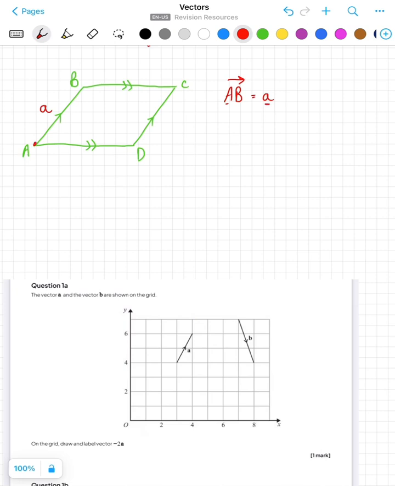Now because in a parallelogram opposite sides are equal and they are travelling in the same direction, that is to say D to C is also a. So in the same sense, if A to D is b, then B to C is b.